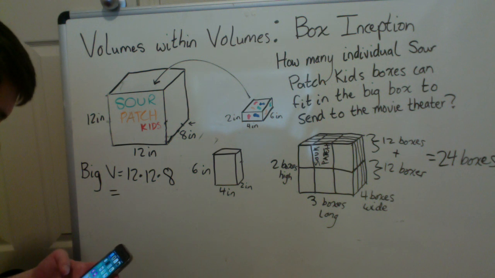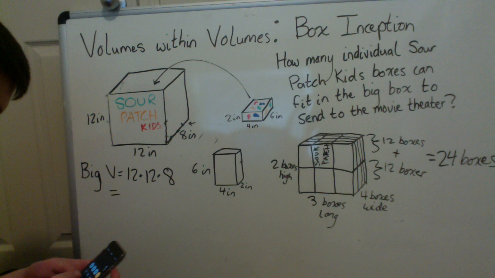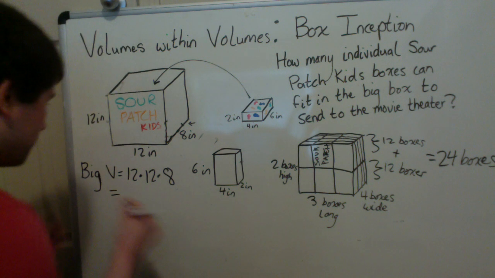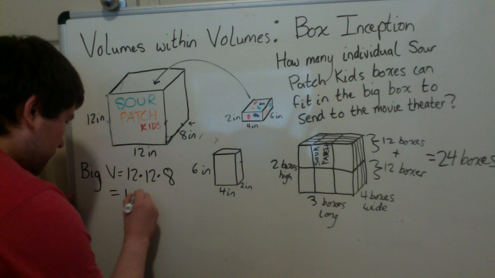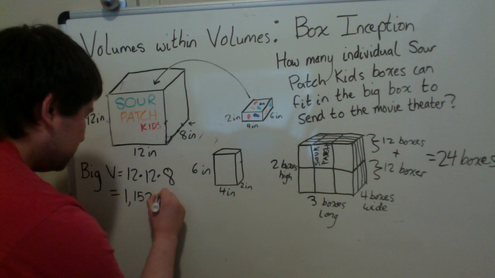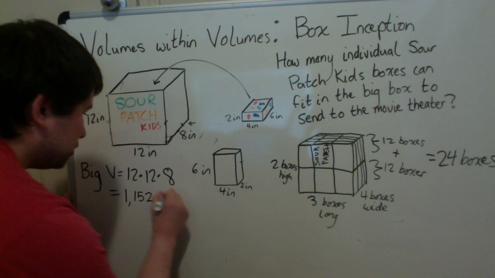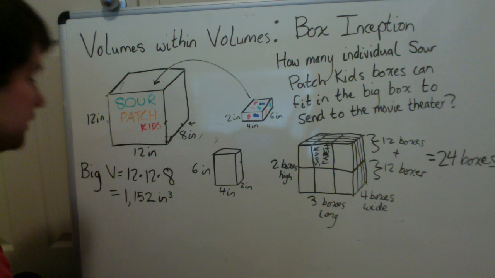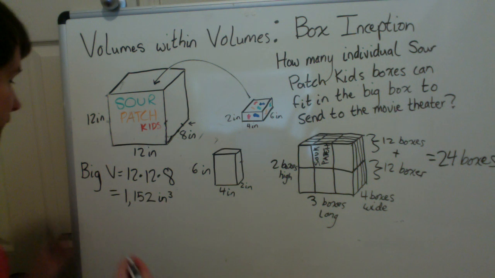Well, I know 12 times 12 is going to be 144. Times 8 is going to be 1,152. I'm multiplying inches as my unit. It's cubed because I multiplied 3 different measurements. So it's cubic, plus it's also volume.